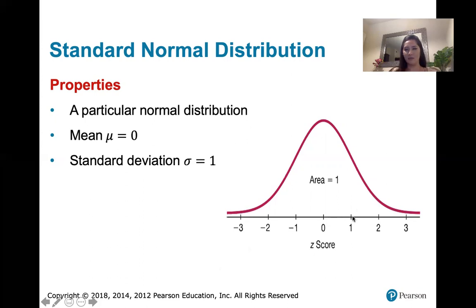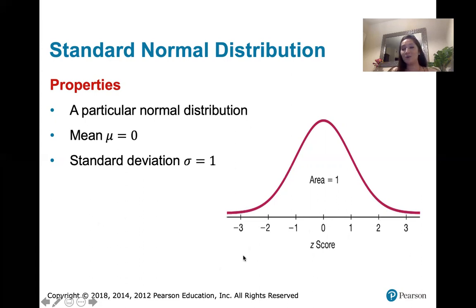So this is z equals 1. It's 1 standard deviation above the mean. Z equals 2, 2 standard deviations above the mean. Z equals 3, 3 standard deviations above the mean. And then we can be 1 standard deviation below the mean, or 2, or 3 standard deviations below the mean, or any value in between, or any value from negative infinity to infinity.